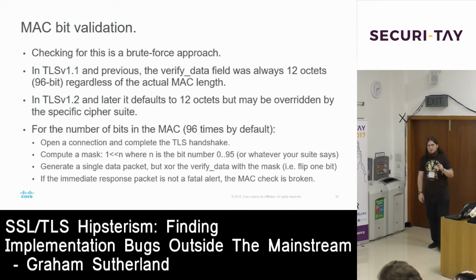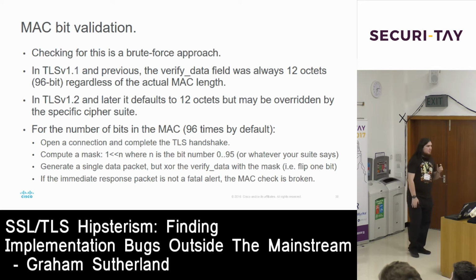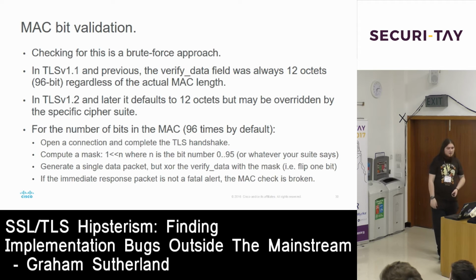So each cipher suite that was defined previously has a 12 octet value. New cipher suites can now override that. So for example, you could say you've now got a cipher suite with SHA-256 as the per packet MAC, and then you could just have a full 256-bit MAC per packet, or whatever.